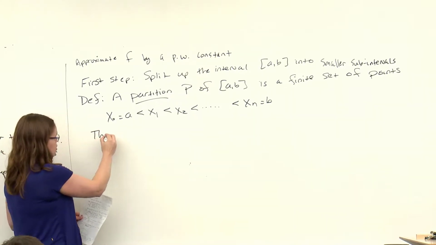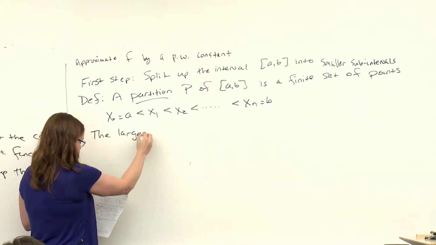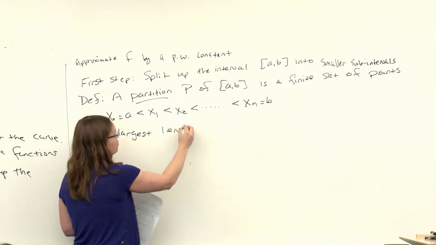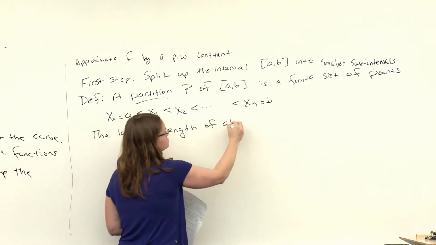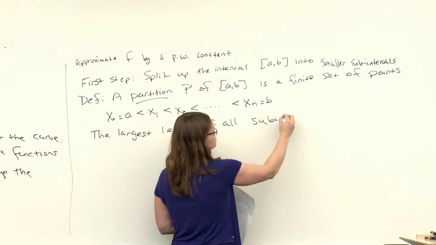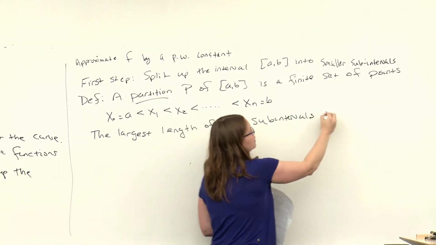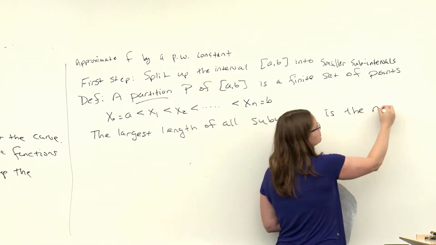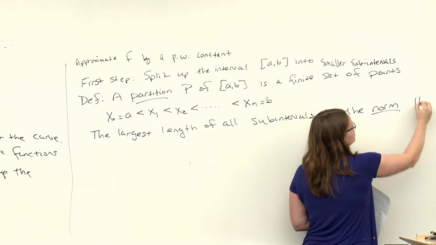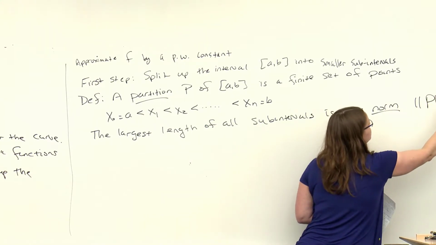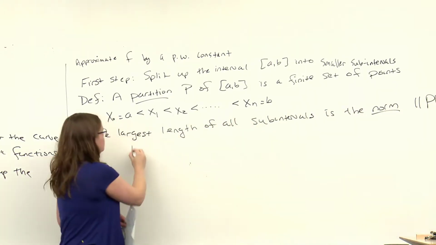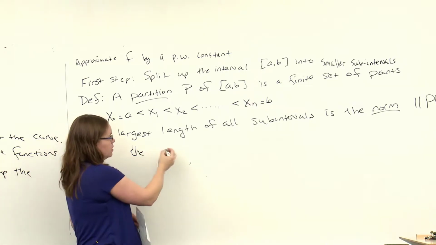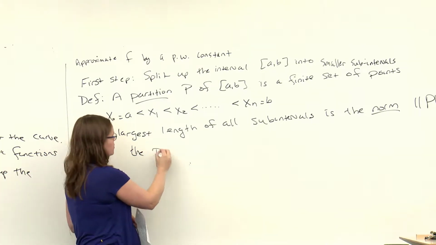So the largest length of all subintervals is the norm, which we denote by this, of the partition. And I'll write it out not in words as well, the norm of the partition.